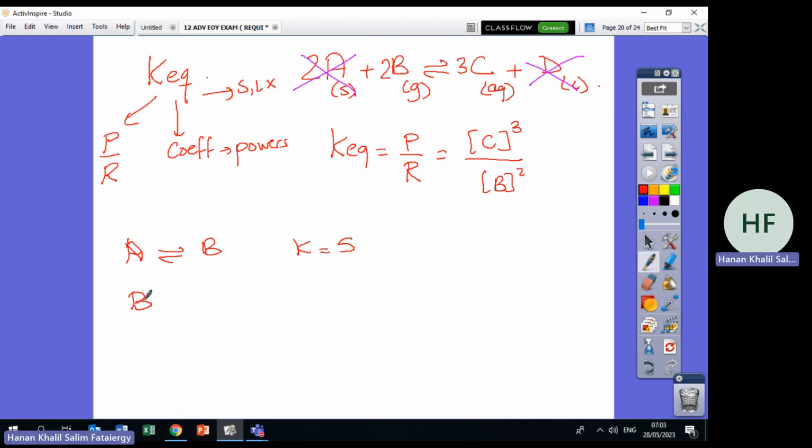Now if I reverse the reaction, B to A, how much is K? You flip K, it becomes 1 over 5. Okay, if you multiply the reaction by a number, 2A to 2B, what is the new K? This number becomes power because we said coefficients become powers. So it will be 25. Okay, so this is what you need to know in the last lesson.